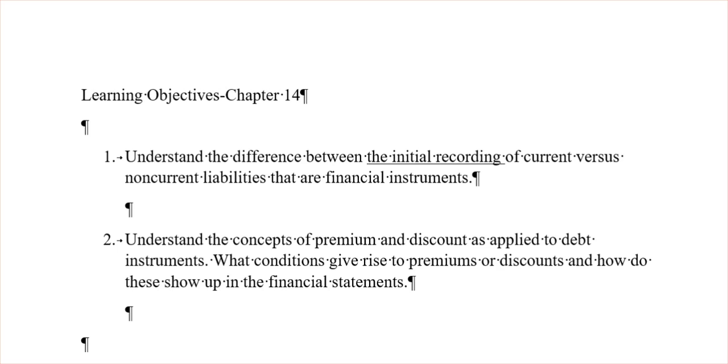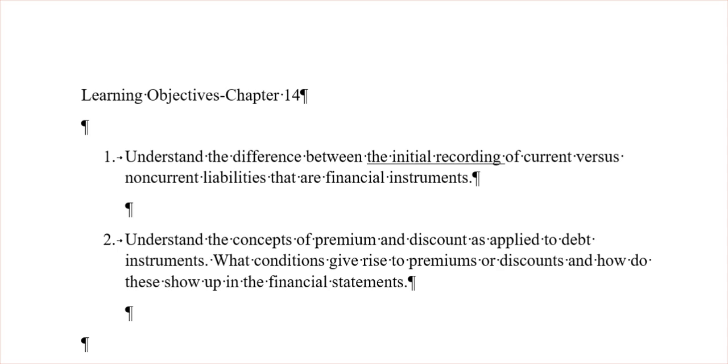The problem in the non-current liabilities that causes us to have more complexity in the way we do our initial journal entry has to do with the difference between the stated and the market interest rates.